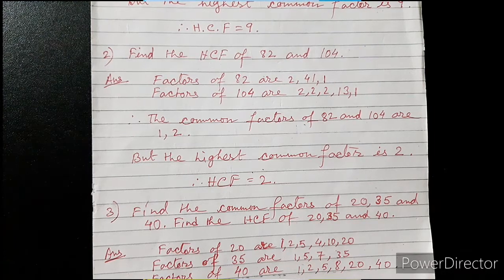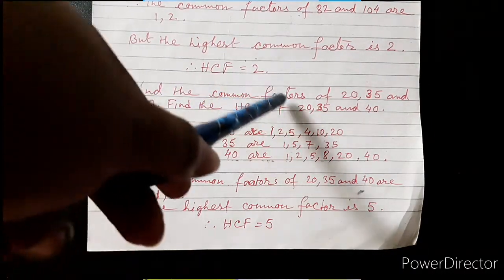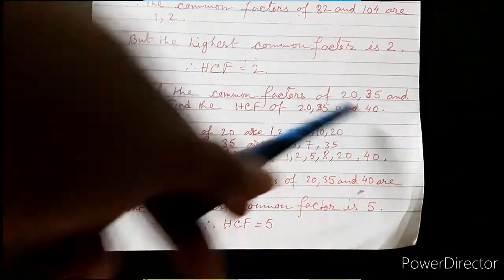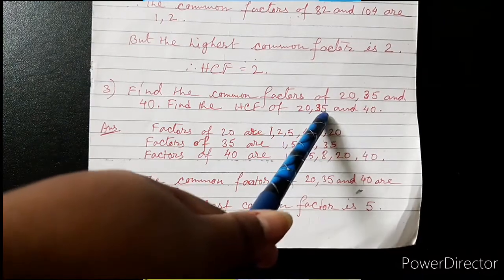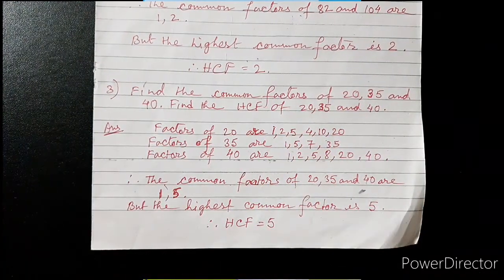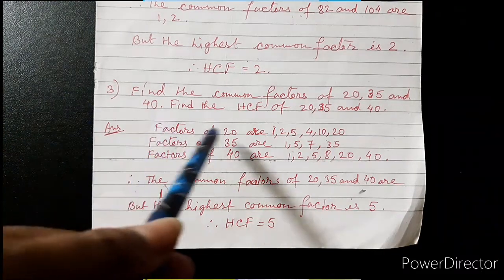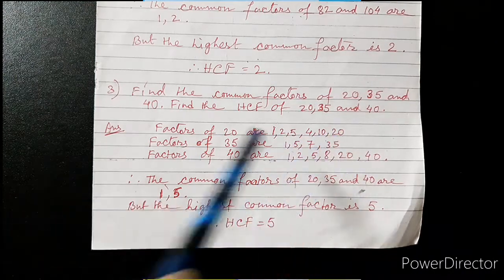Next sum. Sum number 3. Find the common factors of 20, 35 and 40. Find the HCF of 20, 35 and 40. So, the factors of 20 are 1, 2, 5, 4, 10, 20.